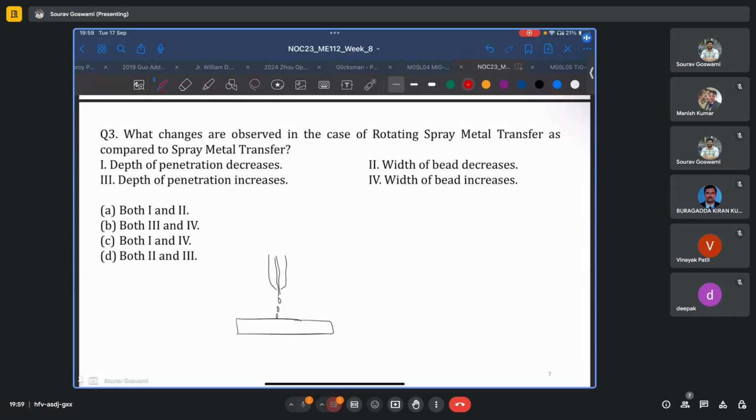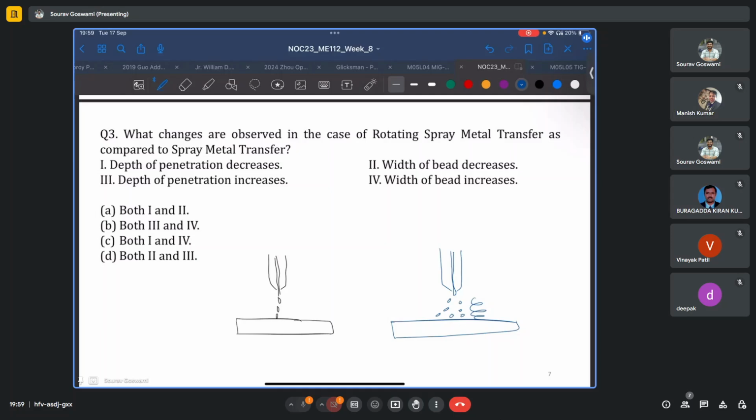In the other case, we are giving these droplets further actuation in the form of some spiral path. So as if rather than getting deposited at one location, they're spread around.